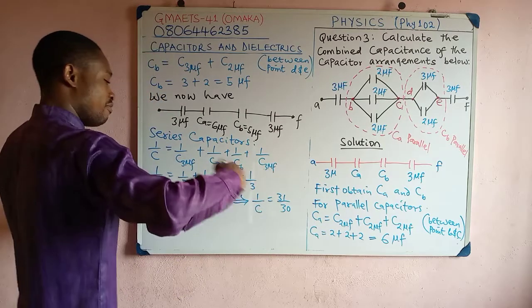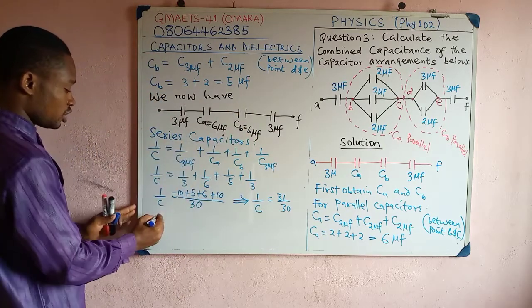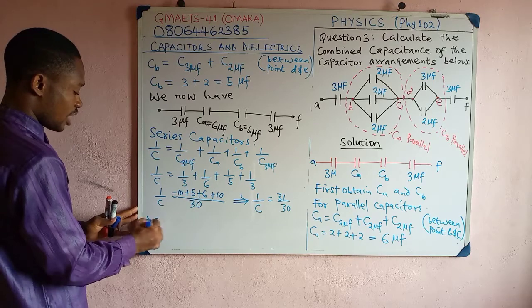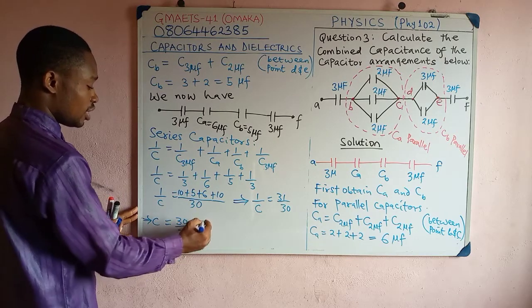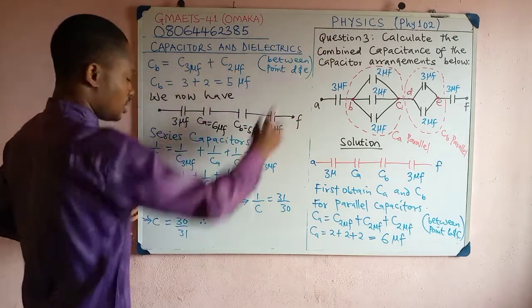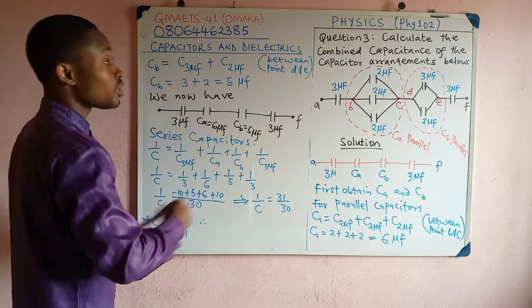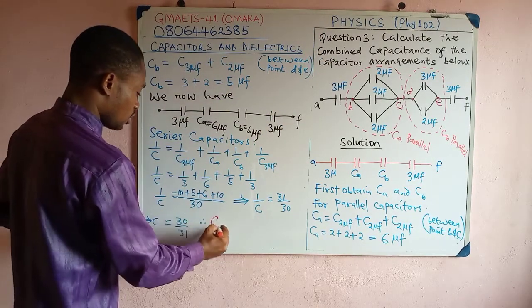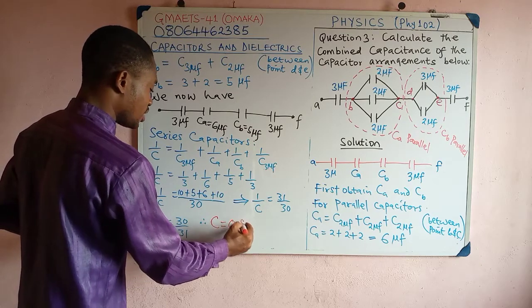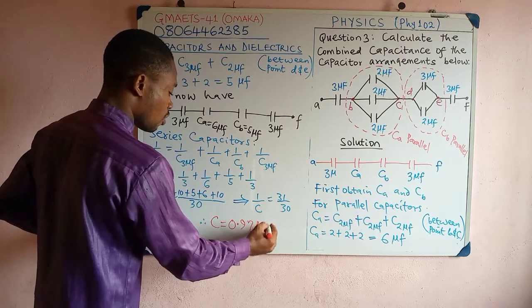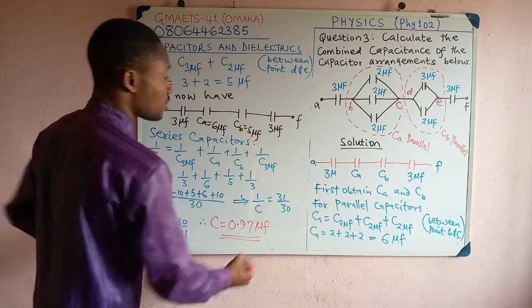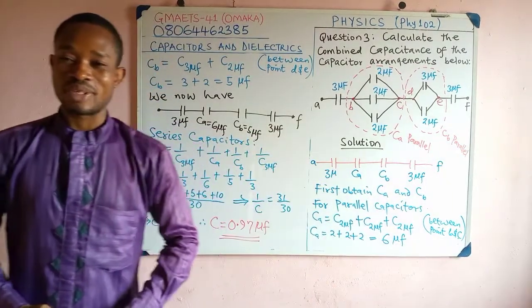From here, we can now invert, so that C is equal to 30 over 31. Therefore, the combined capacitance for this arrangement is going to give us 0.97, that is 30 divided by 31 microfarad. And this is our result for this problem.